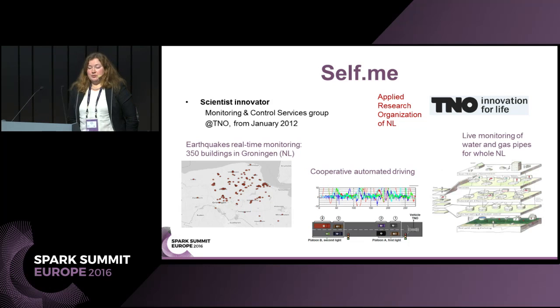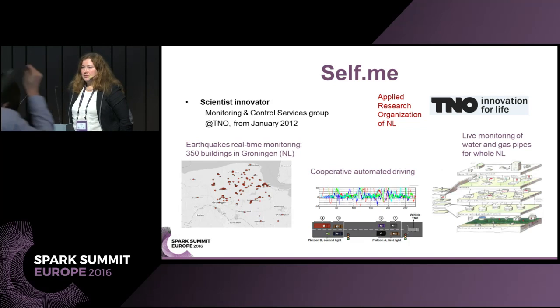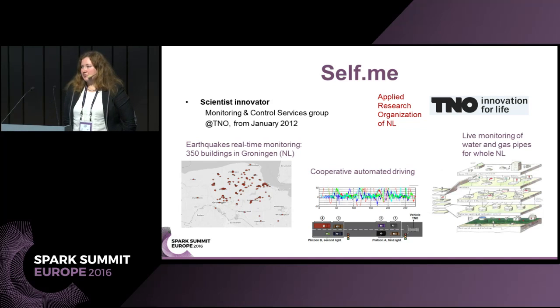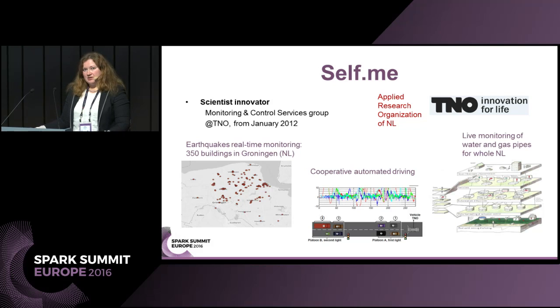My typical projects are in big data, and why? Because I'm part of the monitoring and control group, and we monitor and control different physical infrastructures. That could be earthquakes, with sensors, cooperative driving, so going to automated driving on the roads, or live monitoring of water and gas pipes.